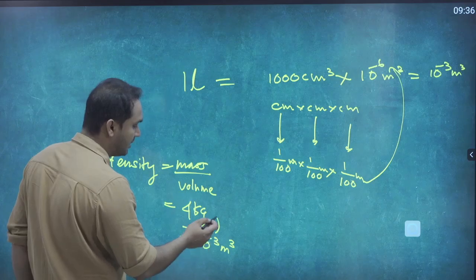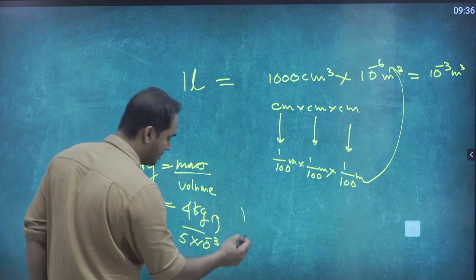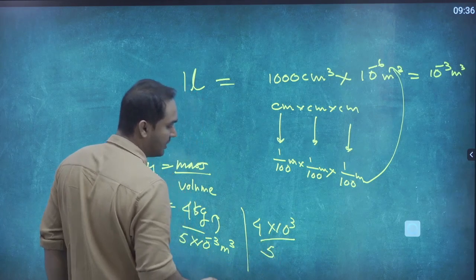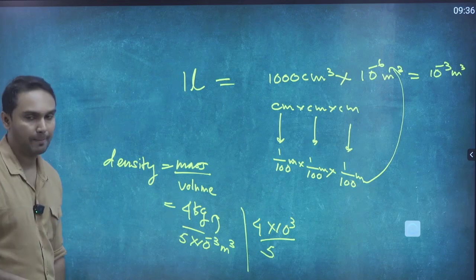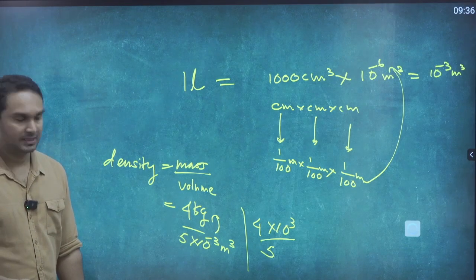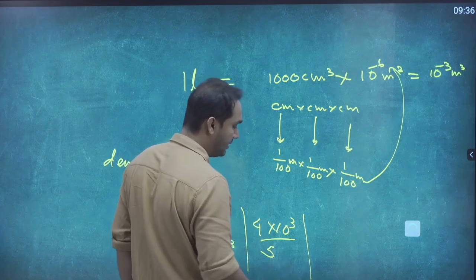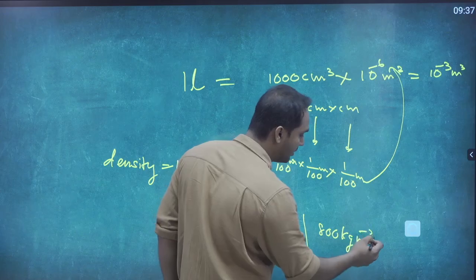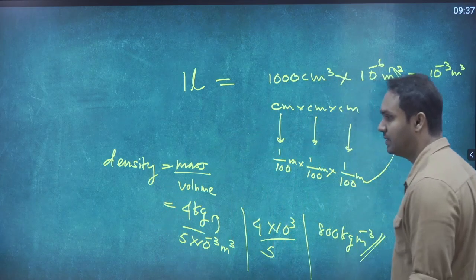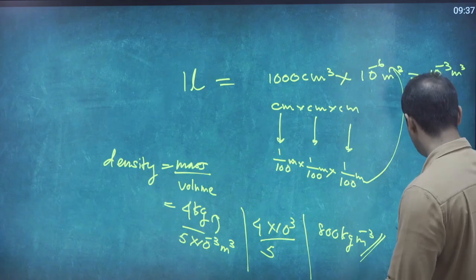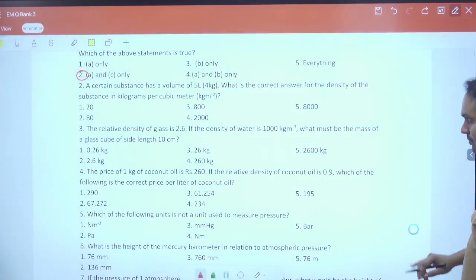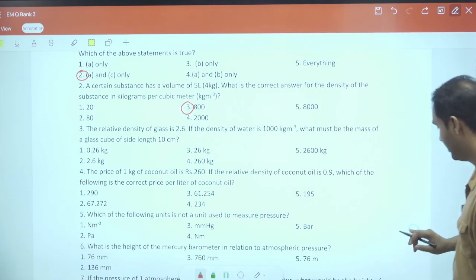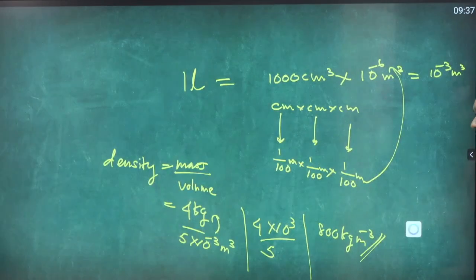Now the 10 to the power minus 3 moves up and becomes plus, so that will be 4 into 10 to the power 3 divided by 5. If you divide 4 by 5, what do you get? 0.8. So 0.8 into 10 to the power 3 is 800 kilograms per cubic meter. Is the answer there? 800, so the answer is 3. Take a quick note.